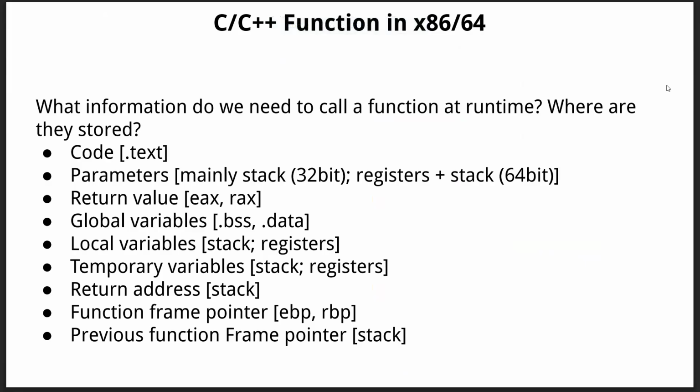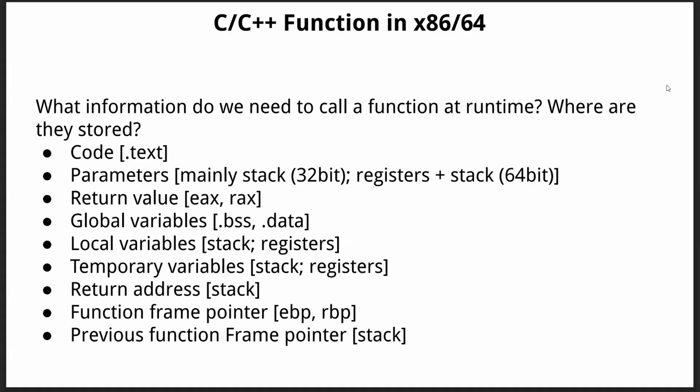Okay, so where do we store such information? Obviously, we only have two places to store them, either in memory or in some registers, right? So code, as we saw last week, goes to the ELF file's .text section, and at runtime, where is the code? Obviously in memory, right?